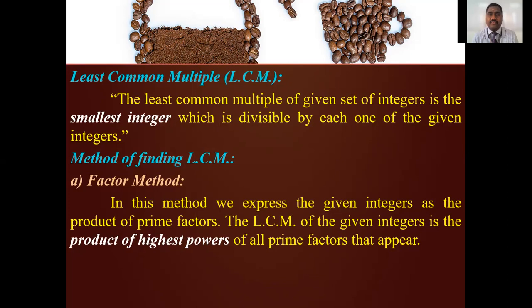But in HCF, we took the common divisor with least power. In LCM, we have to take all the divisors with the highest power. We should not take only the common divisor. We can take all the divisors, but each divisor should be with the highest power. That is the only difference between HCF and LCM.